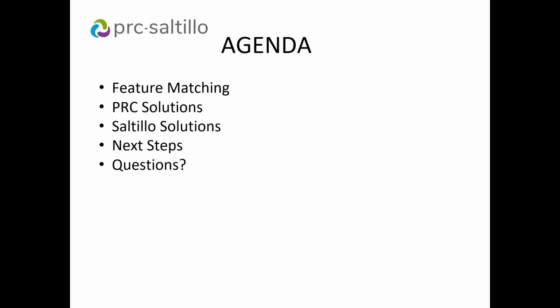I'll share some information about Saltillo solutions that might meet Max's needs. And we'll talk about those next steps. So again, these are two options, give you kind of the process through, and then you compare with other options available to you and follow those next steps. And obviously we'll have time at the end for some questions.